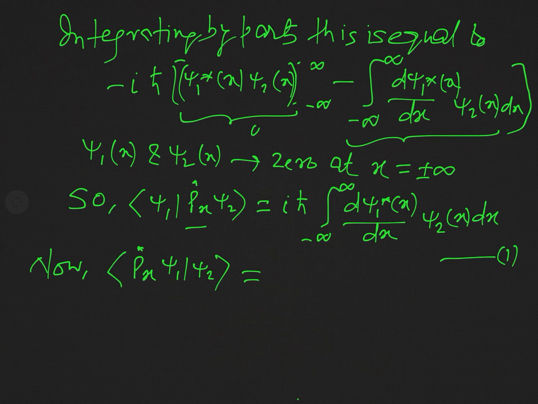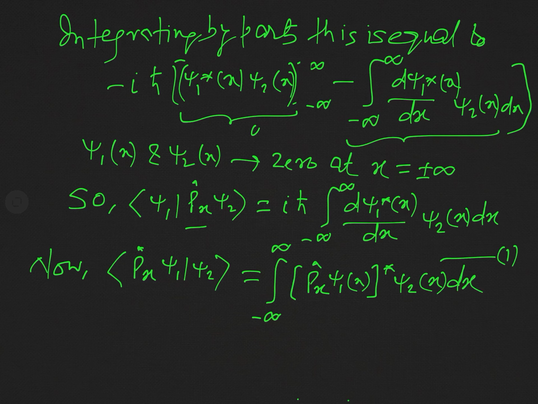From the definition of a scalar product, we write it as the integral from minus infinity to plus infinity, px hat psi1 of x, star, times psi2 of x dx.